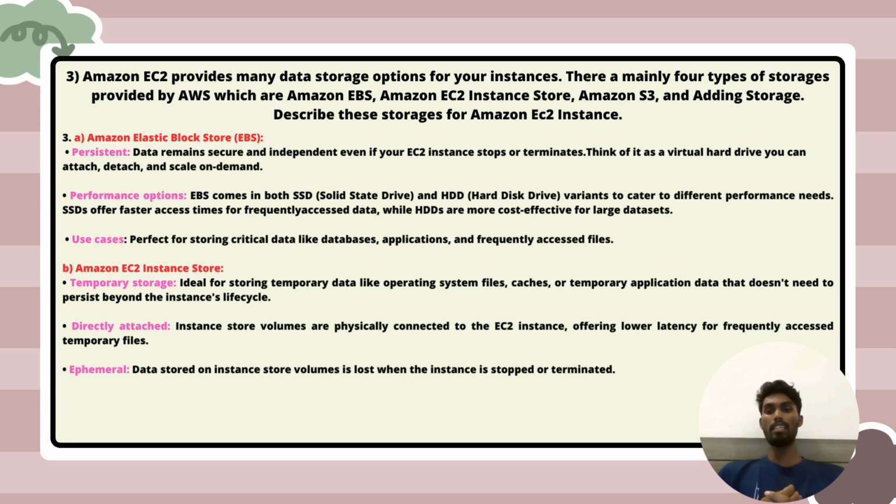So instance store volumes are physically connected to the EC2 instance, offering low latency for frequently used temporary files. So the last one is ephemeral, which is data stored on instance store volumes is lost when the instance is stopped or terminated.